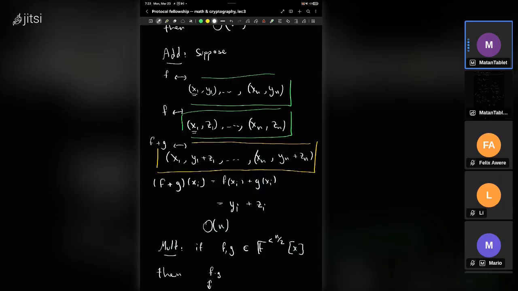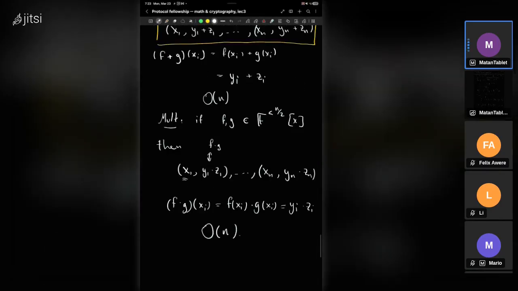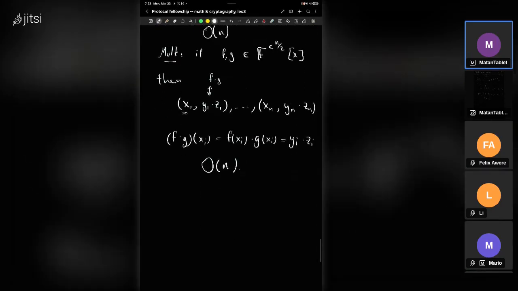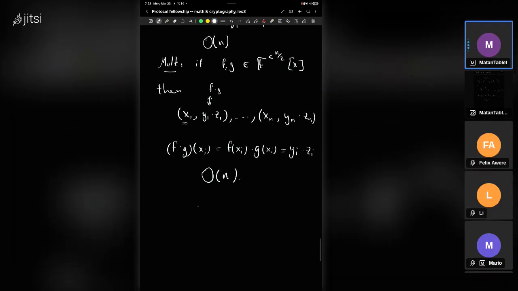Okay, so now I have this kind of weird trade-off. If I do it in vector or in sampling representation, I have add, eval, and multiply.